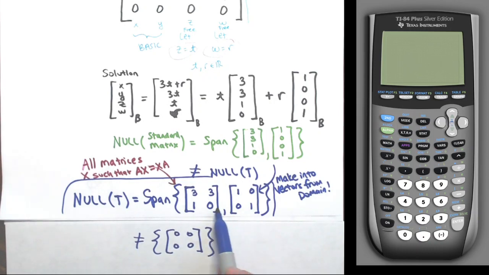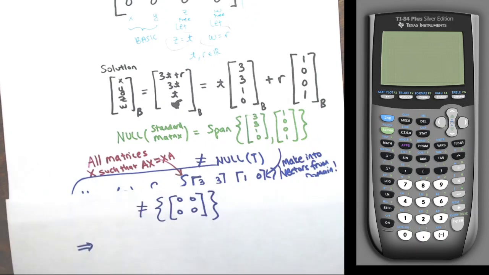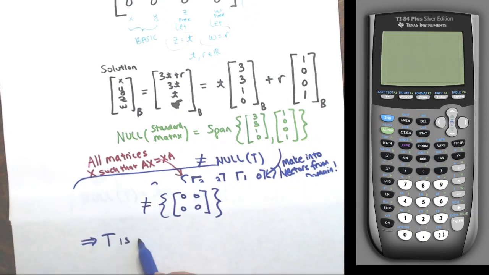Now the 0 matrix is in there, right? It's a vector space. It should be closed under vector addition and scalar multiplication, and satisfy all those vector space axioms. But it's not just the 0 vector. So that tells me that this particular transformation T is not 1 to 1.